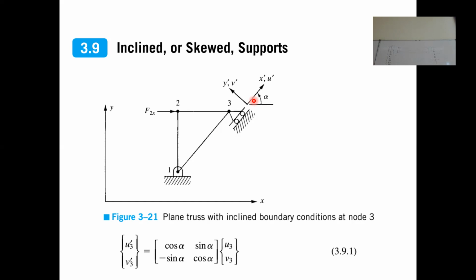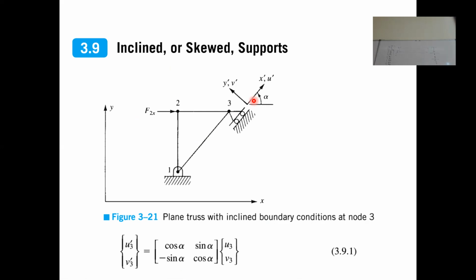Now you can transform this. How much is U3 prime? Unknown. How much is this one? 0. And you put here U3. You see? You transform the displacement from local, which you know, to global.